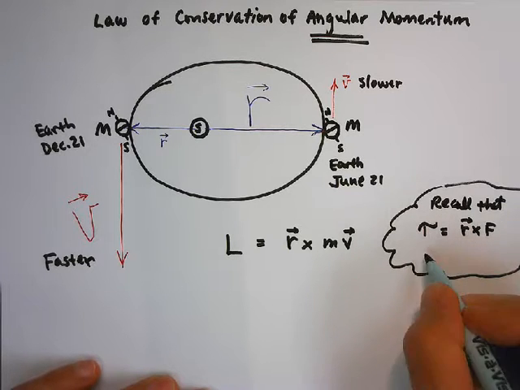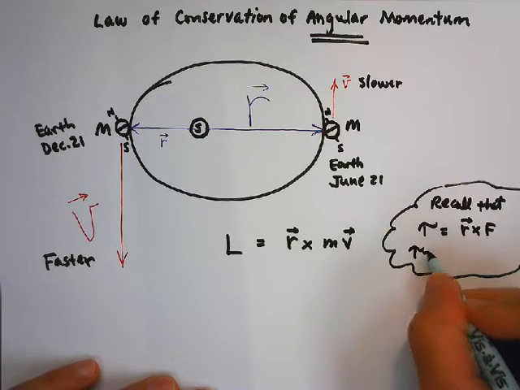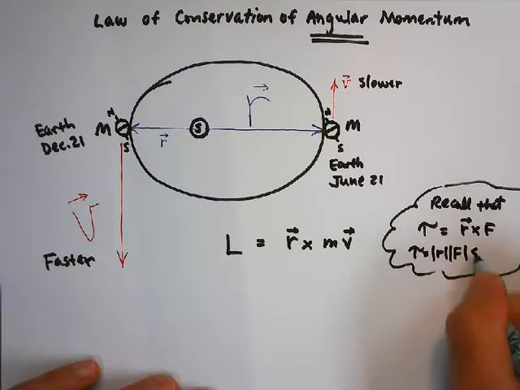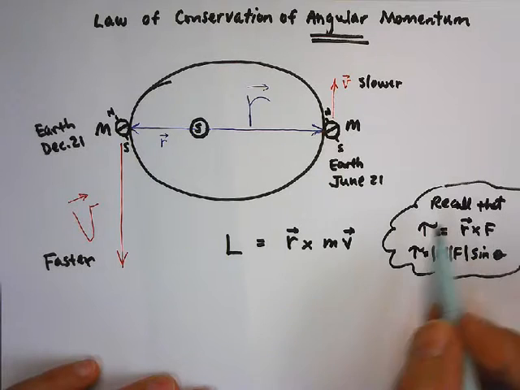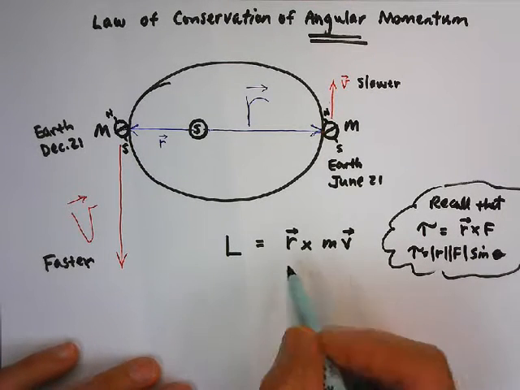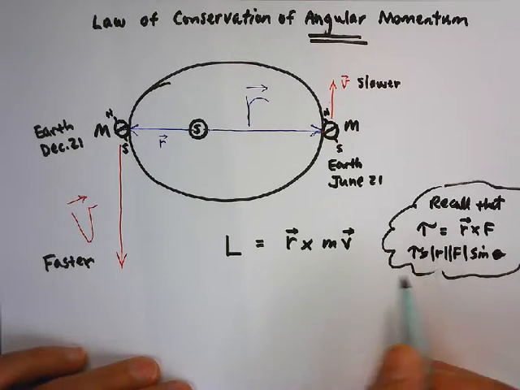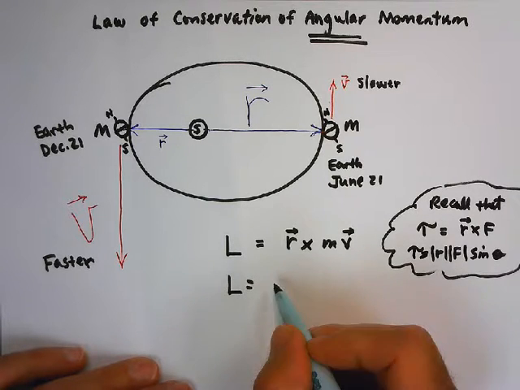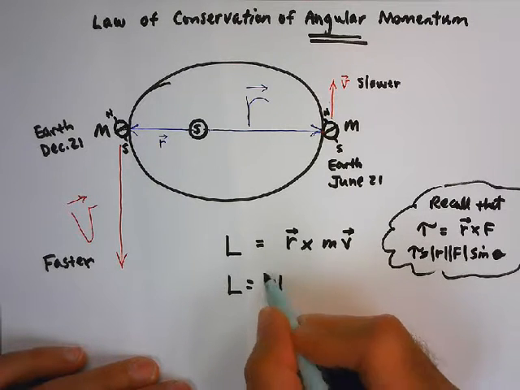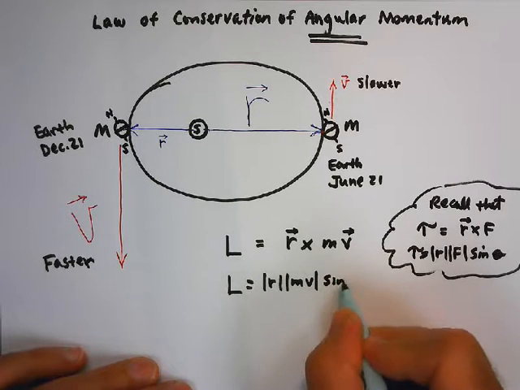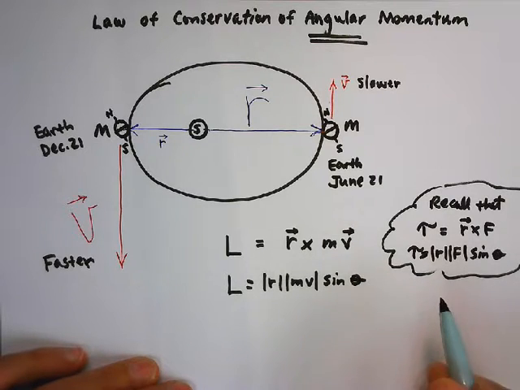And remember what that equals. That equals the magnitude of vector r times the magnitude of vector F times the sine of the angle between the two vectors. Well, it's the same kind of idea for this. This is a vector cross product, just like torque is. And so angular momentum would be equal to the magnitude of r times the magnitude of mv, times the sine of the angle between.